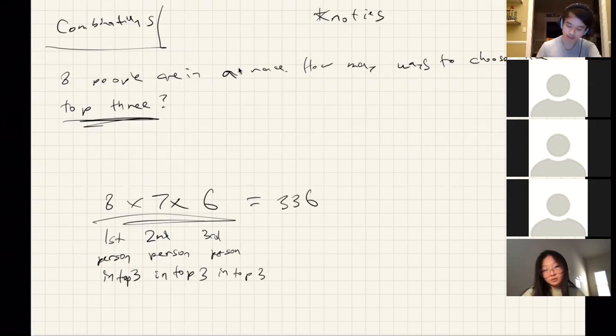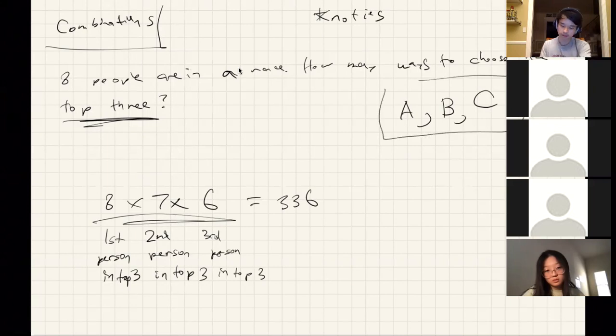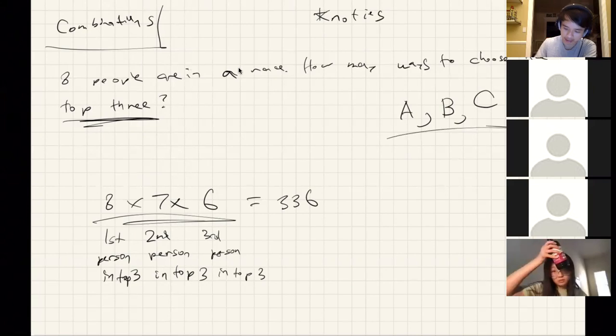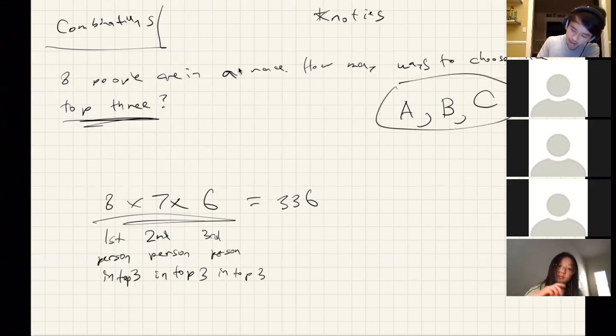To see why this is wrong, let's say we have 3 people, A, B, C. How many ways have we counted, right? How many ways have we overcounted the configuration where A, B, C are all in the top 3?